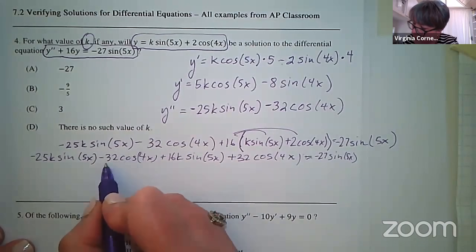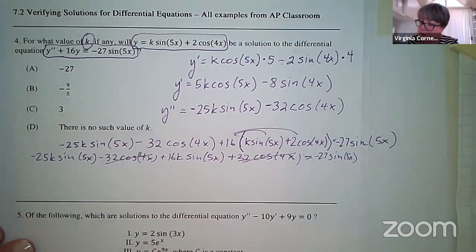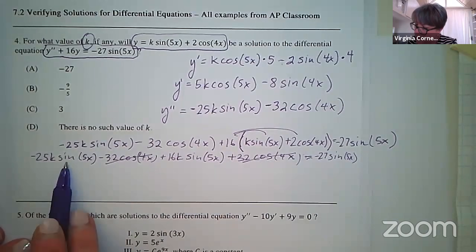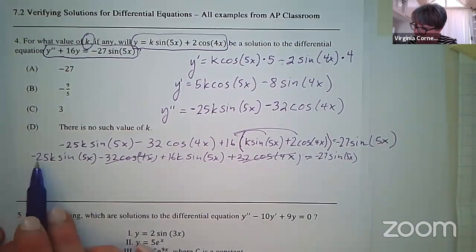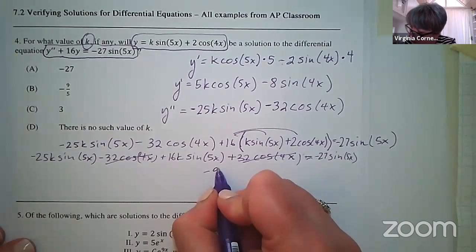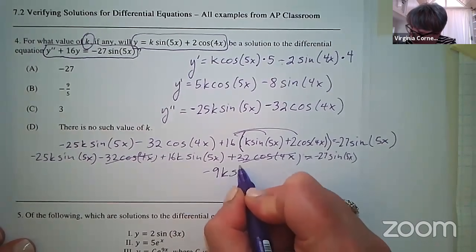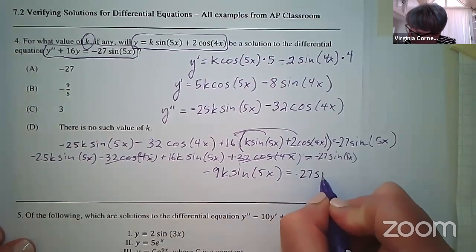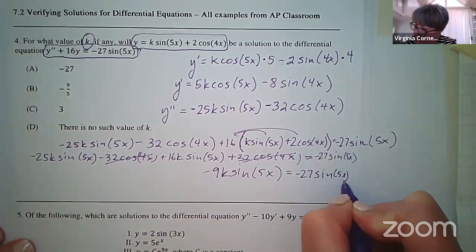True confessions, when I was doing this problem, I was making sure stuff was canceling as I was going. So those two add to 0. These two add to whatever negative 25 plus 16 is. So I believe that's negative 9. So negative 9k sine of 5x, those are like terms, equals negative 27 sine of 5x.